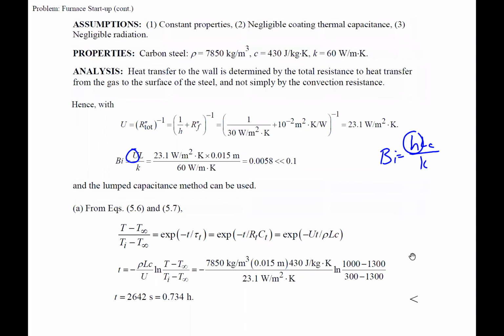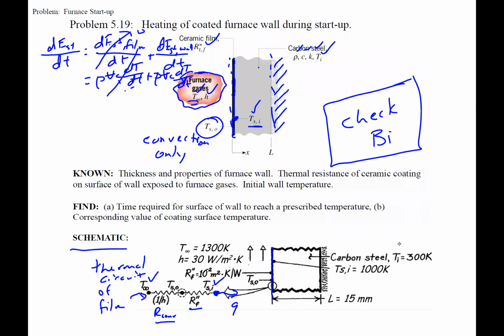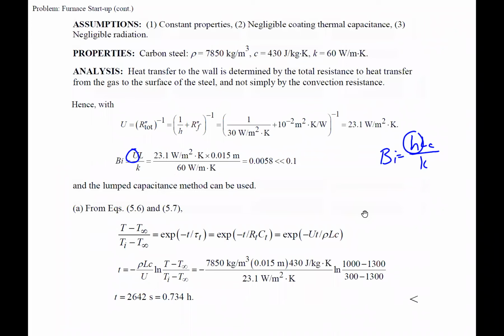So we need to get what this wall is experiencing in a convection term, not the film, and that's where we use the thermal circuit. We get an overall convection coefficient, this capital U. So if we think about this for a plane wall, 1 over U is equal to R total, which is equal to R convection.